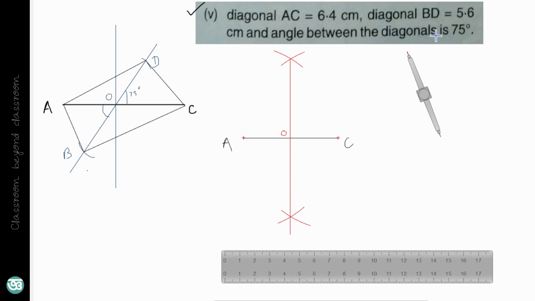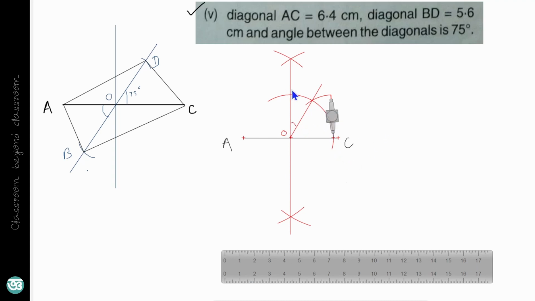Angle between the diagonals is 75 degree. So we'll construct an angle of 75 degree at point O now. This angle is 60 degree and this angle is 30 degree. Now if we bisect this angle, then we'll get 15 degree angle.